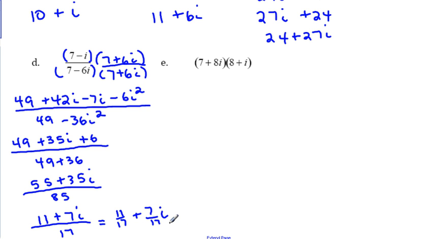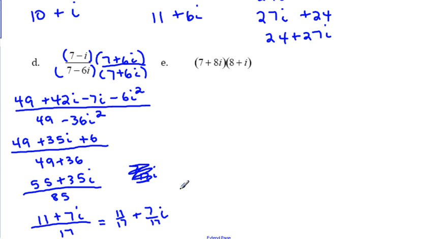So if you're checking your work in your calculator, just be really careful that you can recognize what it looks like, because they use that diagonal fraction bar, and when they do that, it sort of looks like 7 over 17i. It's hard to recognize that the i is not in the denominator. So be careful to do it by hand. Check your work in your calculator, but recognize that that i is not in the denominator of that. So of course we don't want that as part of the answer.